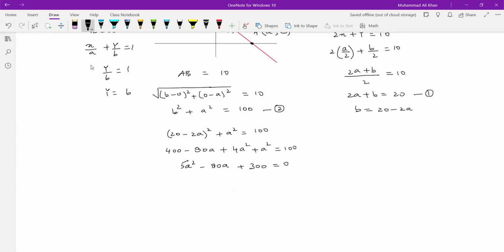Any confusion? Divide the whole equation by 5. The equation becomes a little simpler. A squared minus 80 divided by 5 is 16A, and 300 divided by 5 is 60.